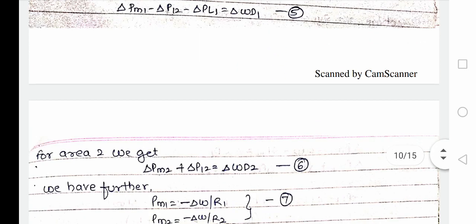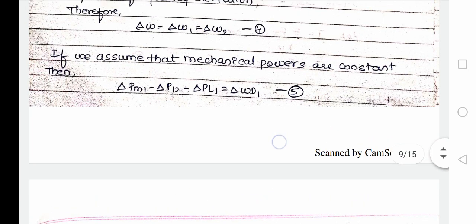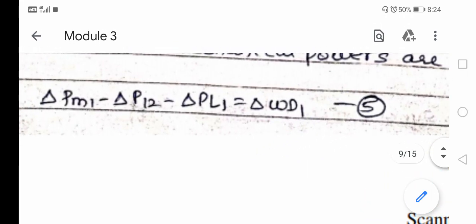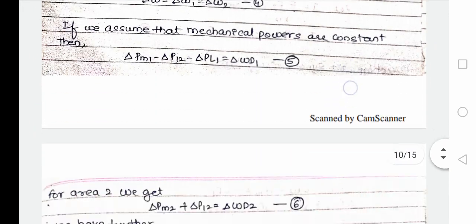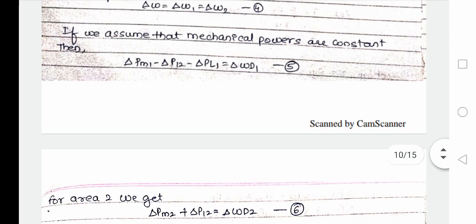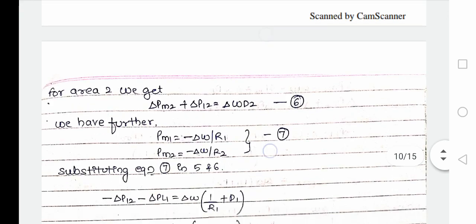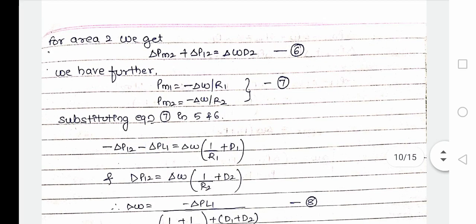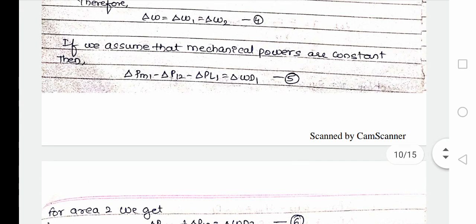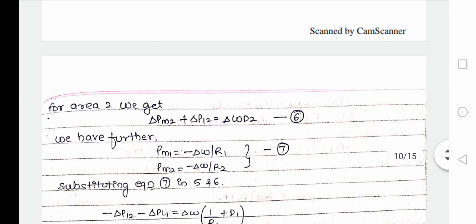So whatever the value you have, delta omega divided by R1, you take it to the other side, that is, with respect to delta omega D1. Here minus delta P12 will remain as it is, and minus delta PL1 will remain as it is. On the other side, on the RHS, we have delta omega D1 and delta omega divided by R1.